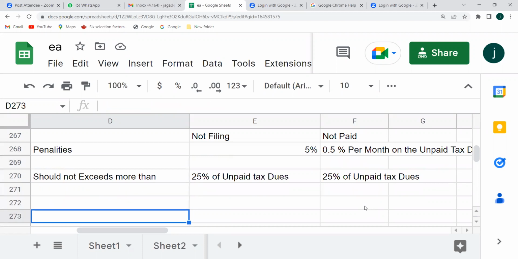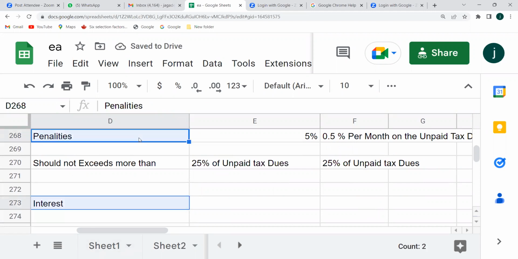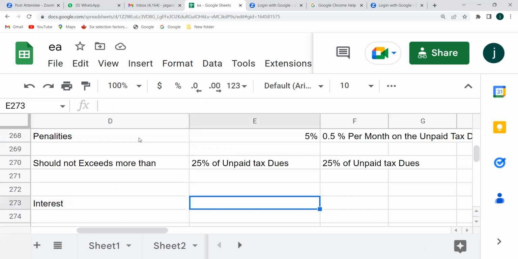So you are supposed to pay penalties as well as interest. Two things here: one is penalty, another is interest. If you are not filing or paying within the due dates, you will face the penalties as well as the interest. For interest, it will be like a basic market rate, like a borrowing rate.